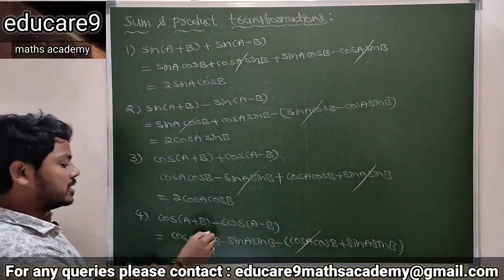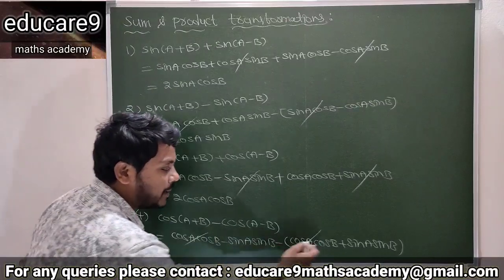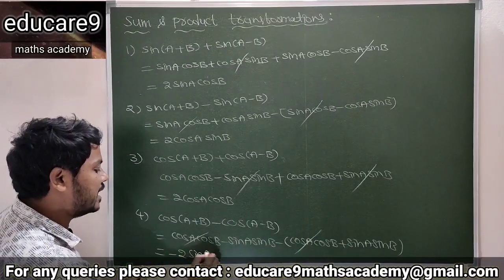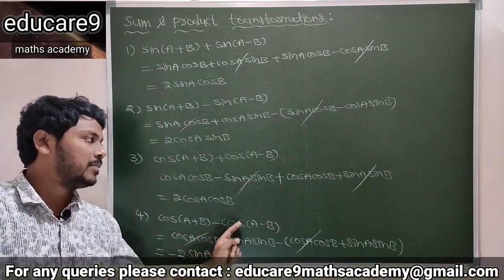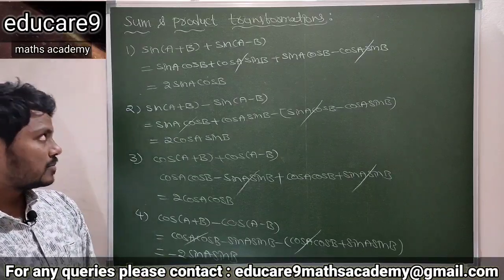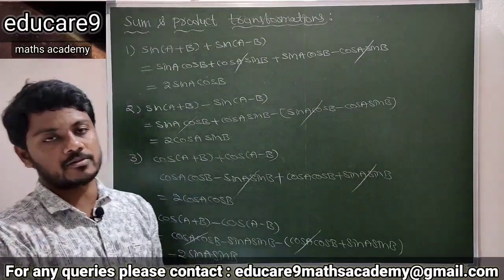So minus cos a cos b plus cos a cos b get cancelled. You will get minus sin a sin b minus sin a sin b. So minus 2 sin a sin b. So this is the cos of a plus b minus cos of a minus b formula. Okay. So these are the sum and product transformation formulas.